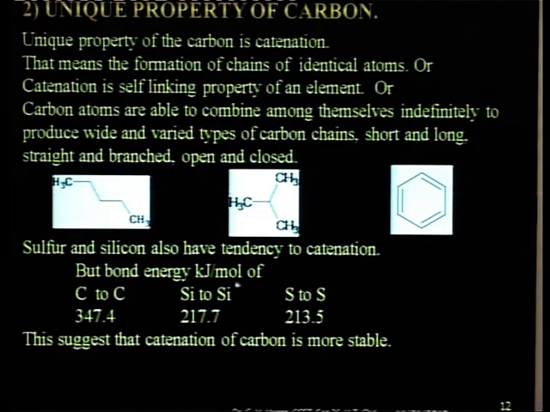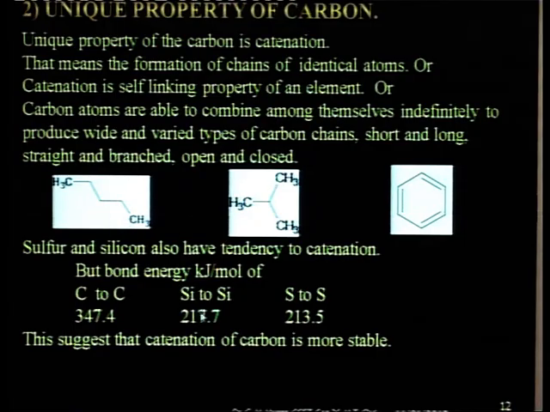So the energy liberated when single covalent bonds form between carbon to carbon, silicon to silicon, and sulfur to sulfur decreases. That means the highest energy release means the lowest energy state of the bond, which suggests a more stable carbon to carbon bond is formed.